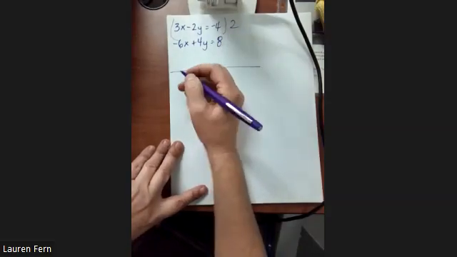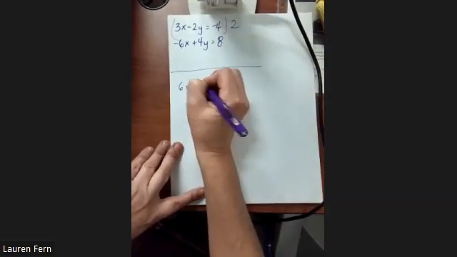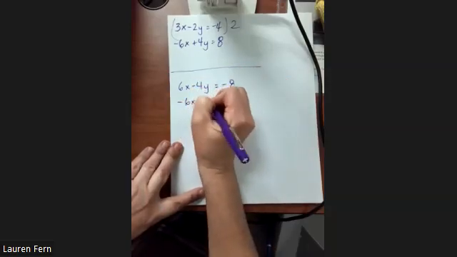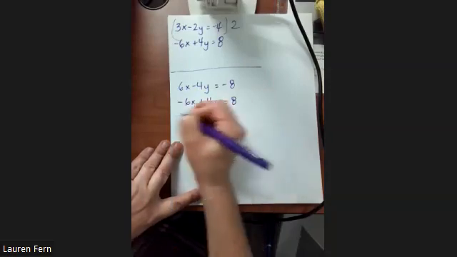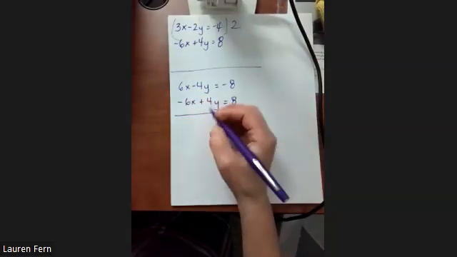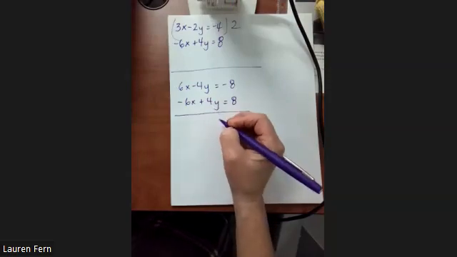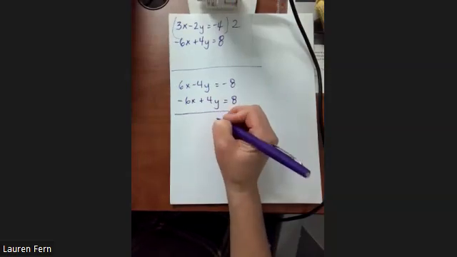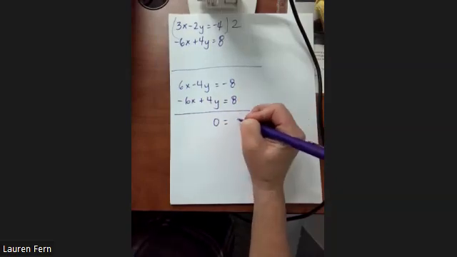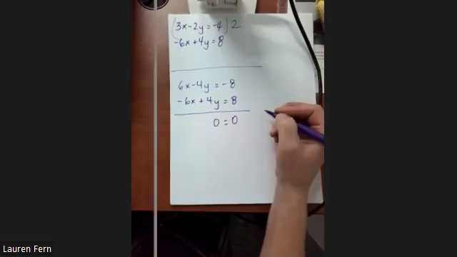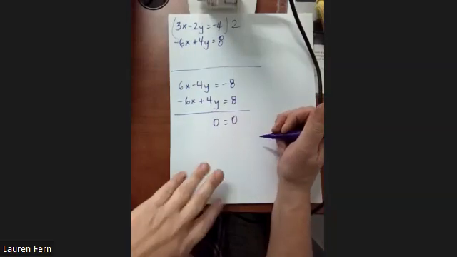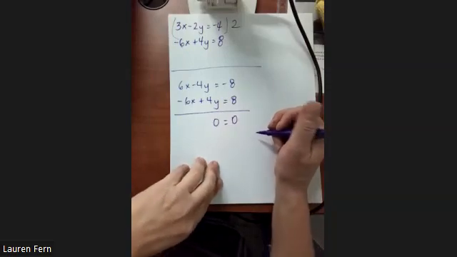So if I multiply through by 2, I'm going to have 6x minus 4y is -8. I'll rewrite my bottom equation. Now what do I get on my left side when I add these guys up? 0. And what do I get on my right side? 0. Okay. Deep thoughts. 0 equals 0. Well, tell us something we didn't know.